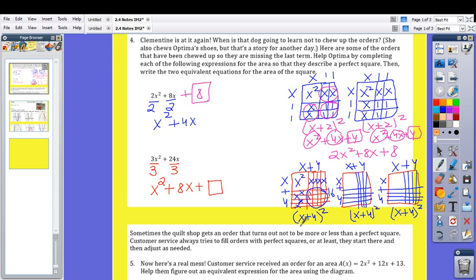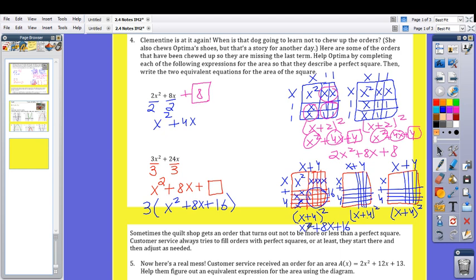This is x squared, and then you have 4 and 4, so 8x, and then you have 16 ones. Now there are 3 of those, so you can say 3 times (x squared plus 8x plus 16) because you have 3 of those.